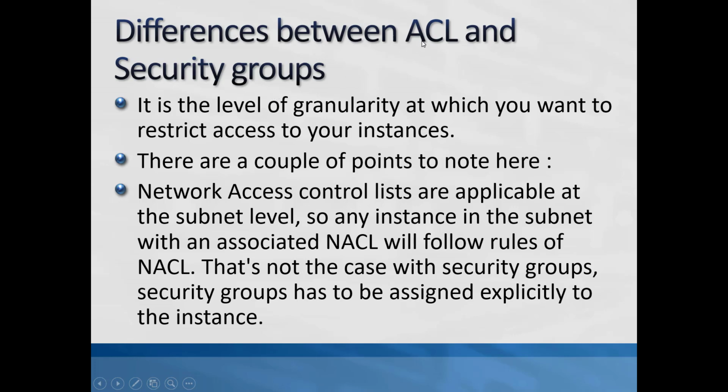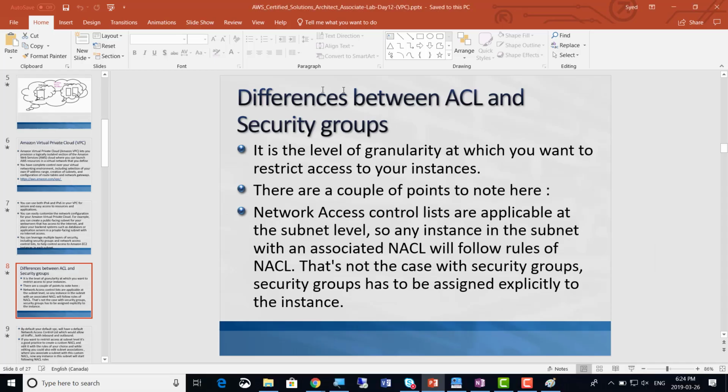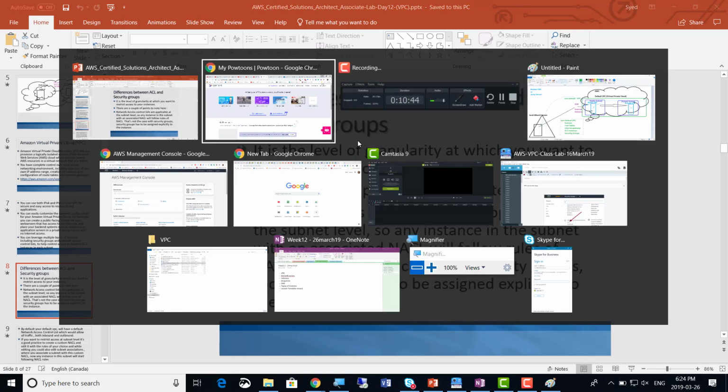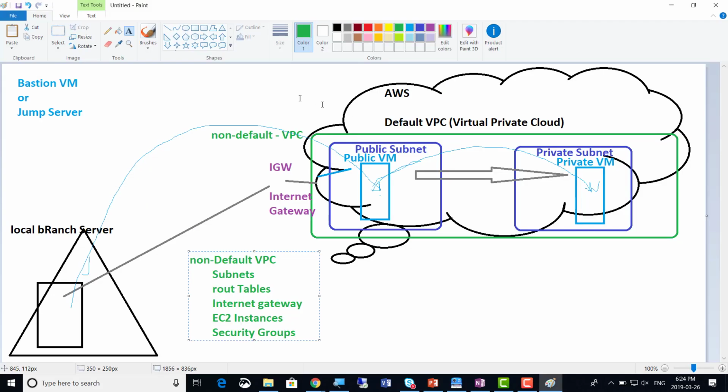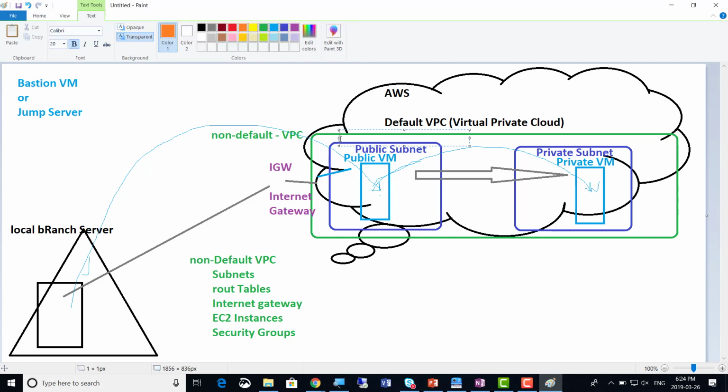They both enable ports to let traffic in and out, and block ports to block any type of traffic. So if I go back to the diagram here, the ACL or NACL, that is Network Access Control List, is created on subnet level, while the security group is created on virtual machine level.